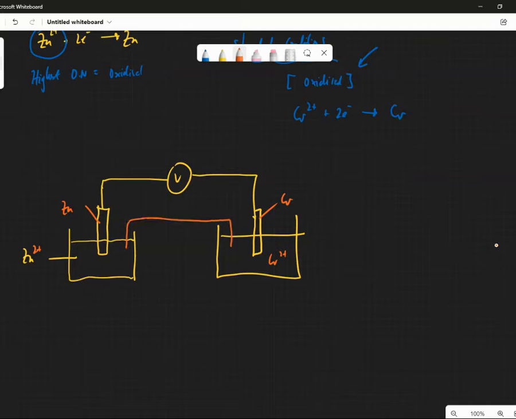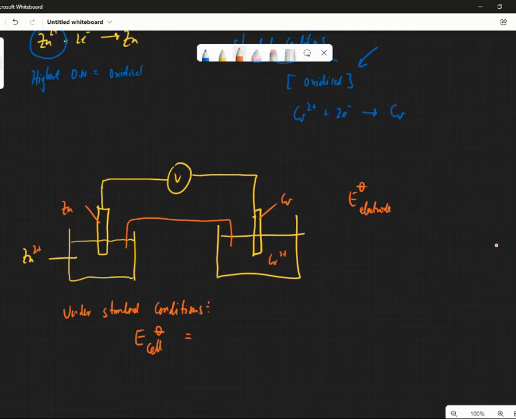Okay, now under standard conditions, what is the cell potential? Well, let's have a look at our individual electrodes.